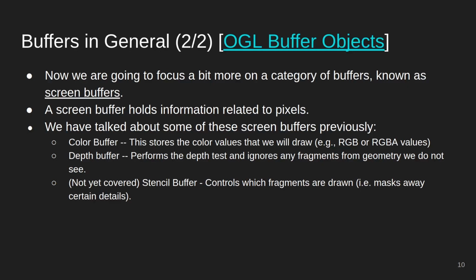We looked at that with our software rasterizers, where we had a color buffer that we were drawing out to. And we've talked about depth buffers as well, the depth buffer or Z buffer. It was a collection of bytes, 1 byte per pixel, indicating which fragment was closest to us and which one would be drawn.